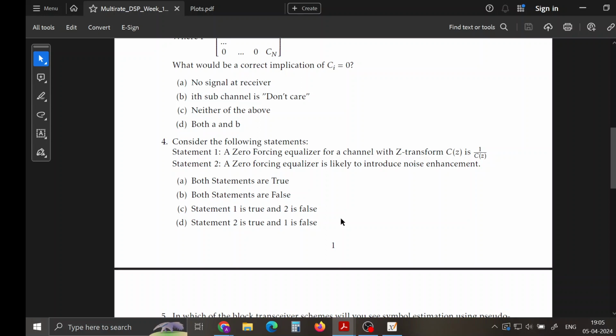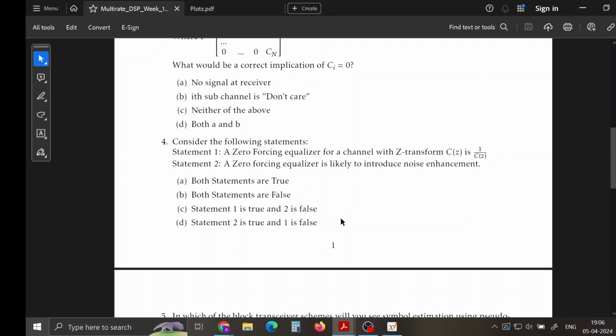Again, this has been discussed in the lectures as well. For the zero forcing equalizer, statement 1 is actually correct. We basically do the inversion of the channel, we take its reciprocal. But the problem is this. In the previous question we saw the implication of c_i being equal to 0.